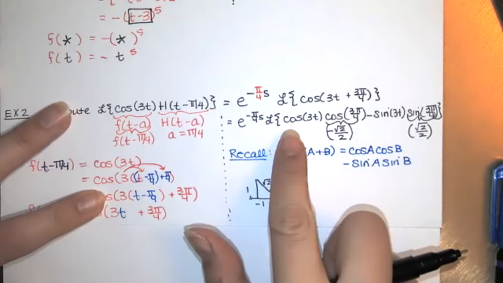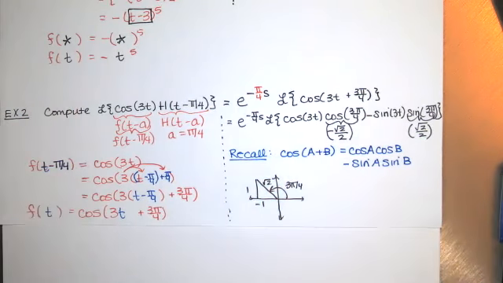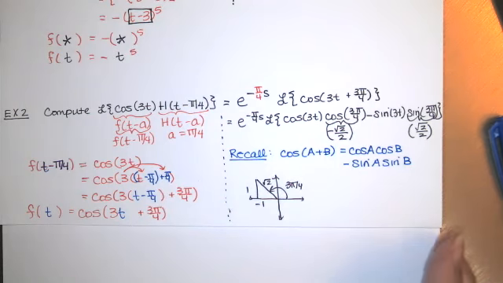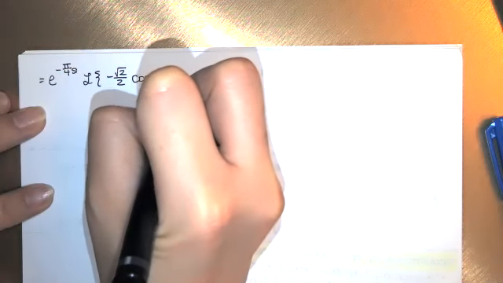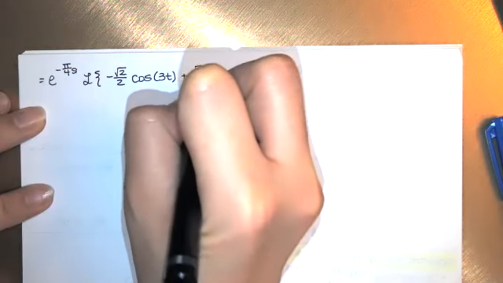Okay, and we actually have a rule for cosine of 3t and a rule for sine of 3t, so we can evaluate these. So we've got e to the negative pi over 4 times s times negative square root of 2 over 2 times the Laplace transform of cosine of 3t, plus square root of 2 over 2 times sine of 3t.